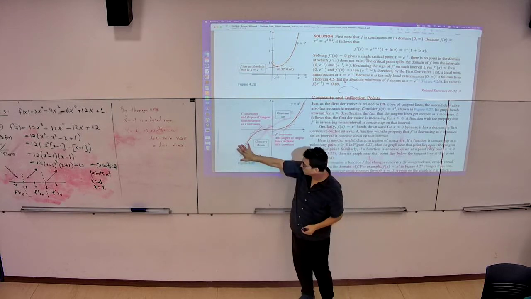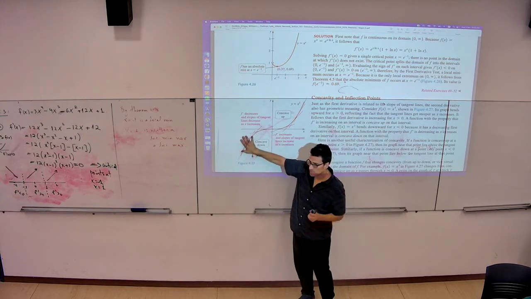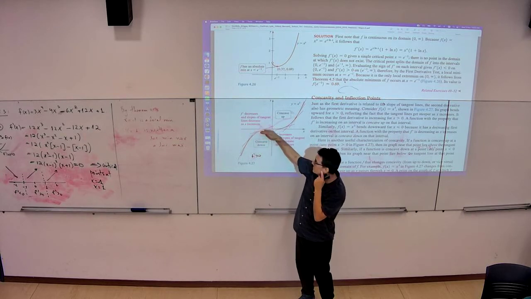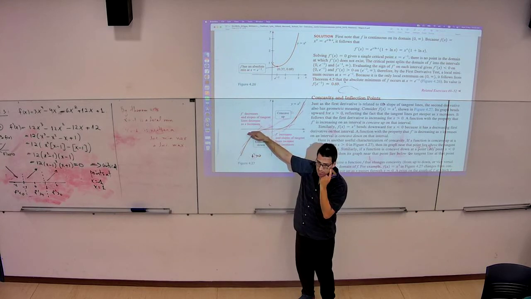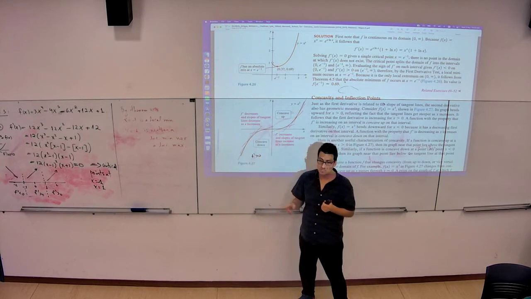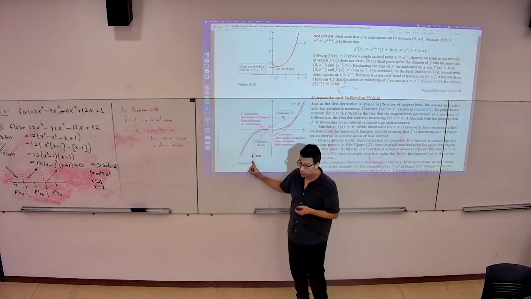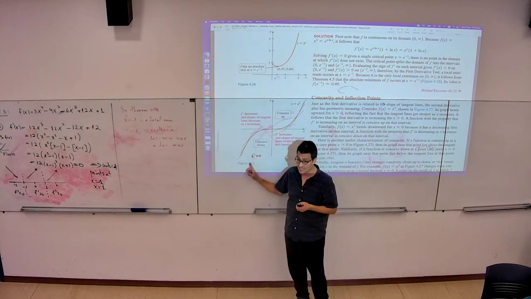So here it's super positive, then not much positive, and then all of a sudden it turns 0 here. So the function derivative is actually decreasing. Okay?